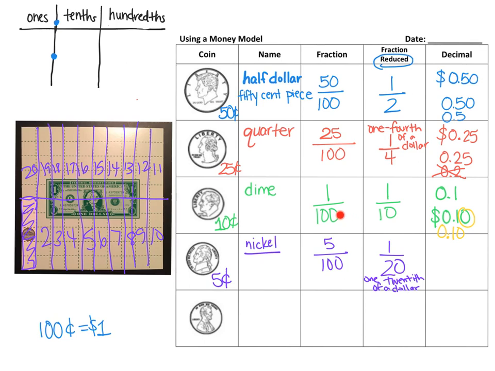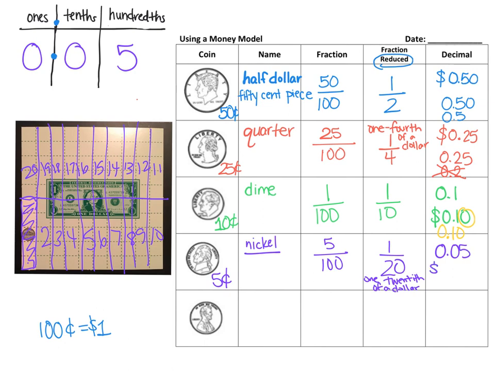Now, to find the decimal, I need to take 5/100ths and make it into a decimal. Since it says hundredths, I'm going to put the 5 in the hundredths column. And it doesn't say anything about tenths, so I'm going to put a 0 there. And it's less than 1, so I'm going to put a 0 in the ones column. So we can see that our decimal is 5/100ths.